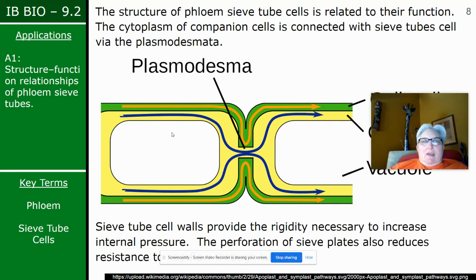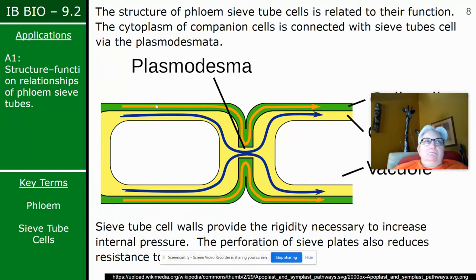So the cytoplasm, which we know is the liquid portion of the cell, gets connected sieve tube to sieve tube by this plasmodesma here. So we can see one cell to another. All right. The sieve tube walls are here. You see the membranes here, the cell wall followed by the cell membrane.